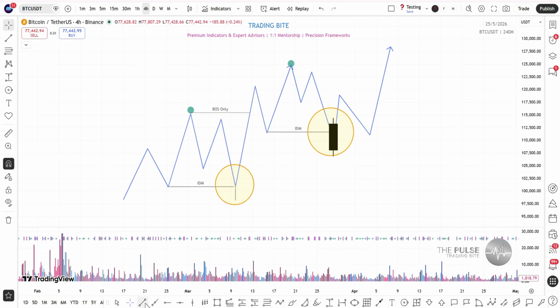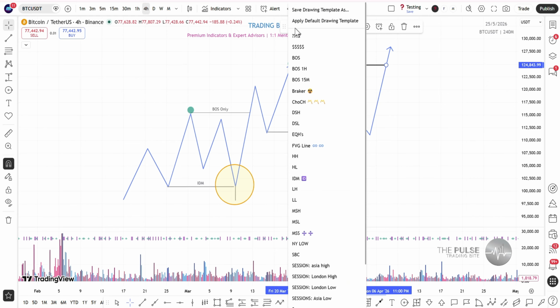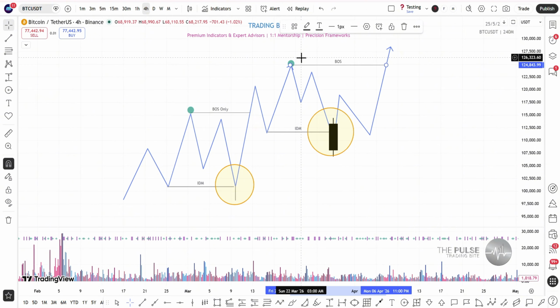Once the candle closed, and then here a candle body closed above our reference point. Now what is this? This becomes a valid break of structure and a valid swing point.